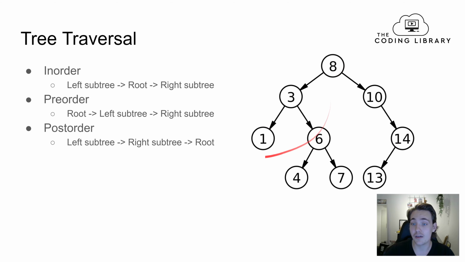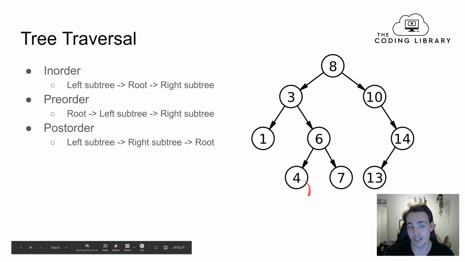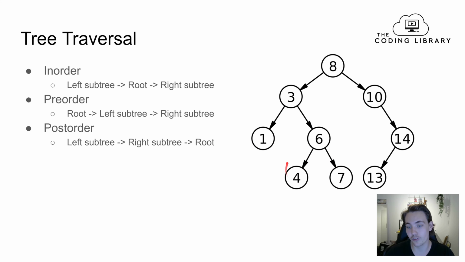Then we again first visit the left subtree, which is only this node, and then the root node, and then the right subtree, where again we visit this node first, then the root, and then the right, if we take this in-order traversal approach.